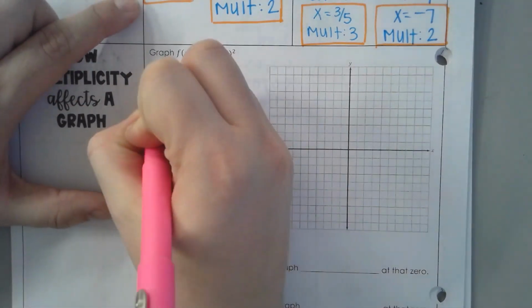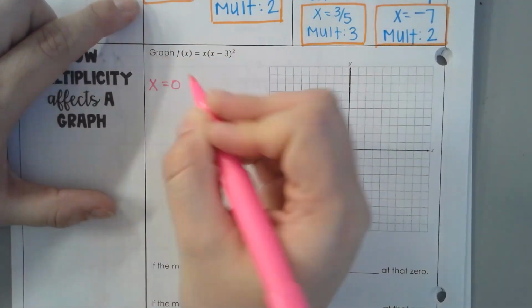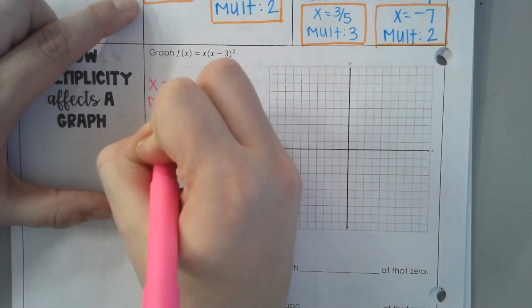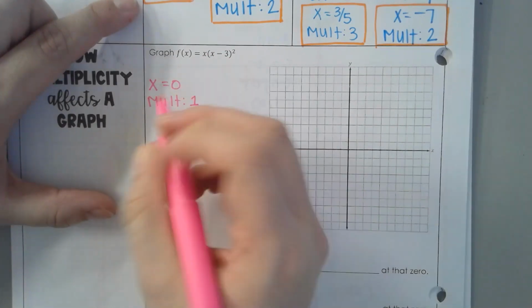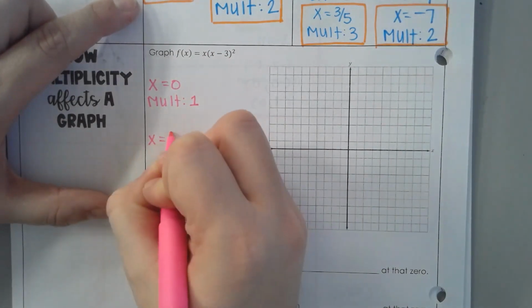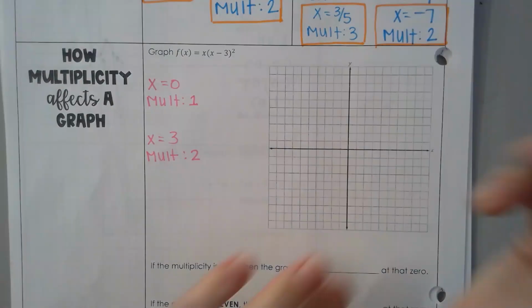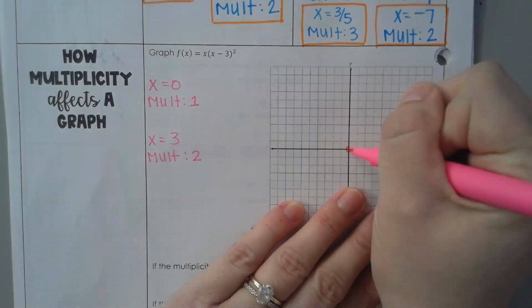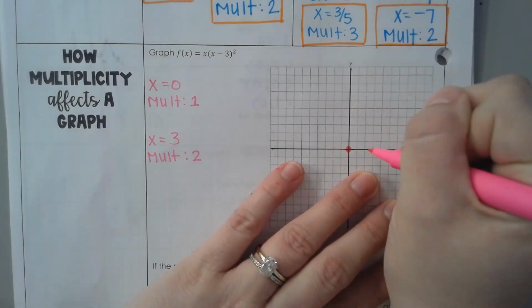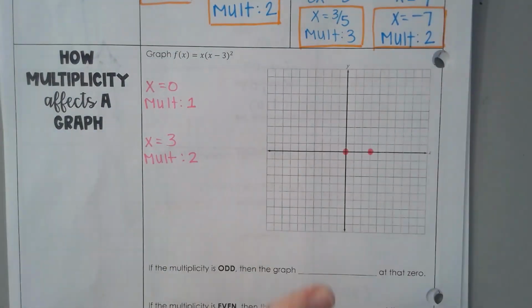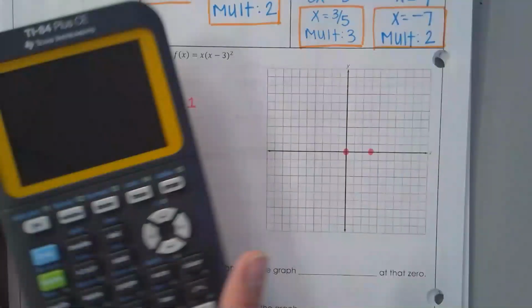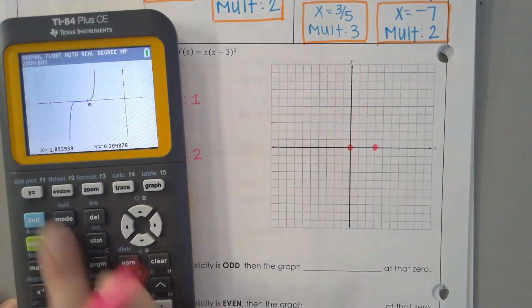We know we have an x-intercept at 0 with a multiplicity of 1. And we know we have an x-intercept at 3 with a multiplicity of 2. So I have an x-intercept at 0 and an x-intercept at 3. I'm going to go to the graph.